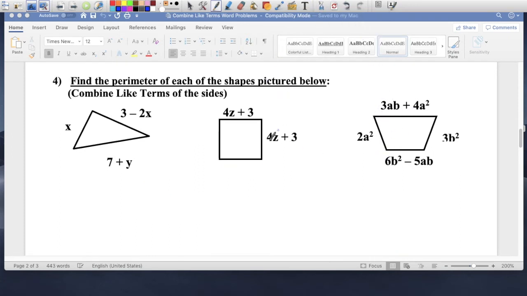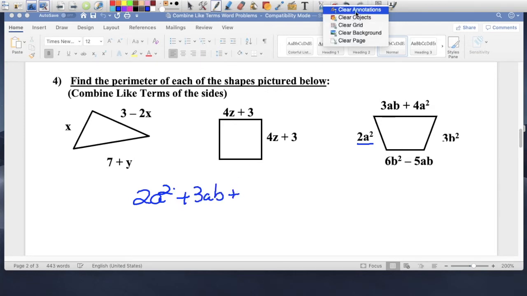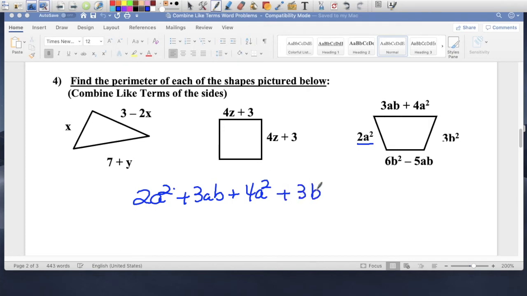Same thing here. We're going to add all these. So I'm going to start here. Let's get 2a squared plus 3ab plus, you know what? Now, it's 3ab plus 4a squared plus 3b squared plus 6b squared minus 5ab.